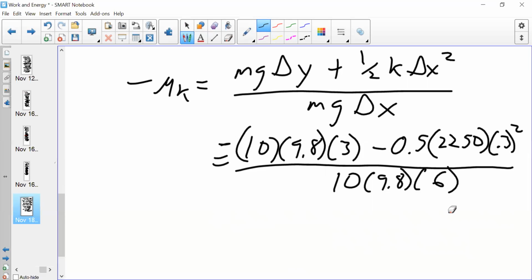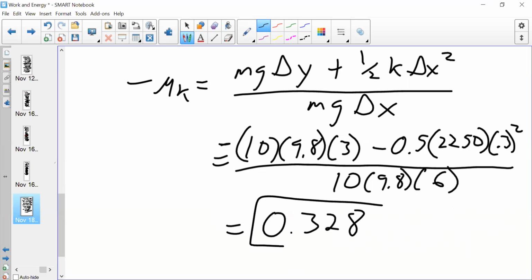So putting everything, solving that out, we should get roughly 0.328. And your coefficient of kinetic friction and static friction will always be less than 1. So that's your setup, and that is the final solution.